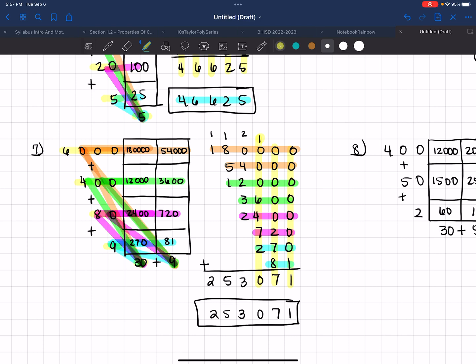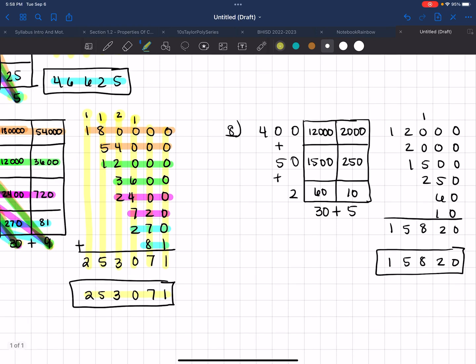So I put my 0 down and carry my 2. 2 plus 4 is 6, plus 2 is 8, plus 3 is 11, plus 2 is 13. Carry my 1. 1 plus 8 is 9, plus 5 is 14, plus 1 is 15. Carry my 1, and 1 plus 1 gives me 2. Now all I have to do is write that down. That gives me 253,071 as an answer.